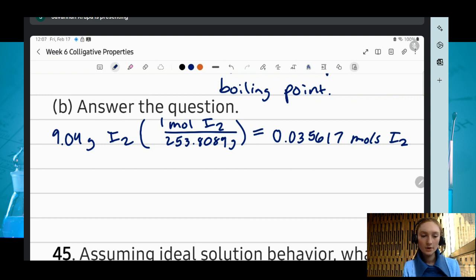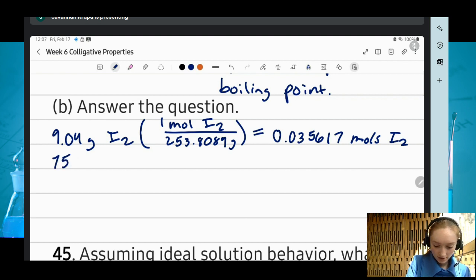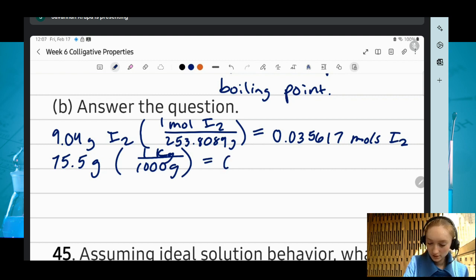Our second step was to convert grams to kilograms of the benzene. That's a simple conversion of the 75.5 grams given in the problem, dividing by 1,000, which gives us 0.0755 kilograms of the benzene.